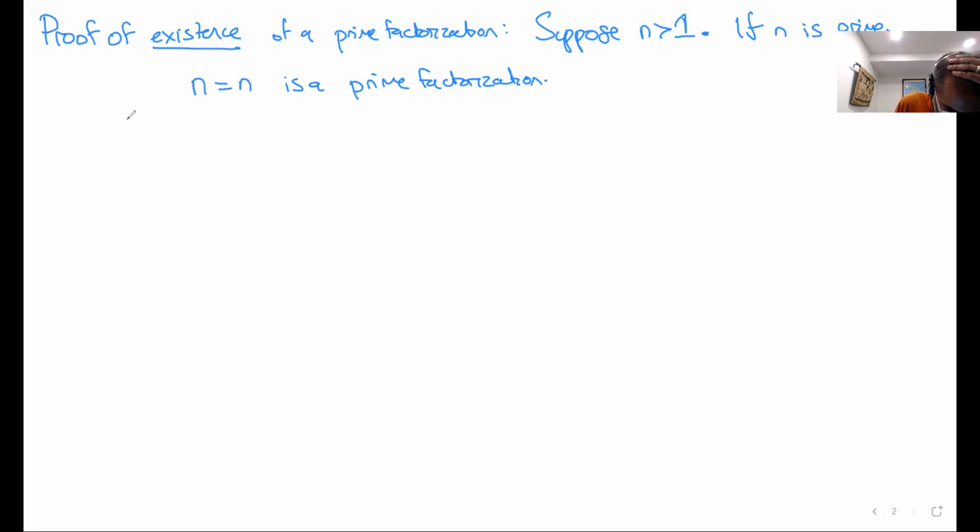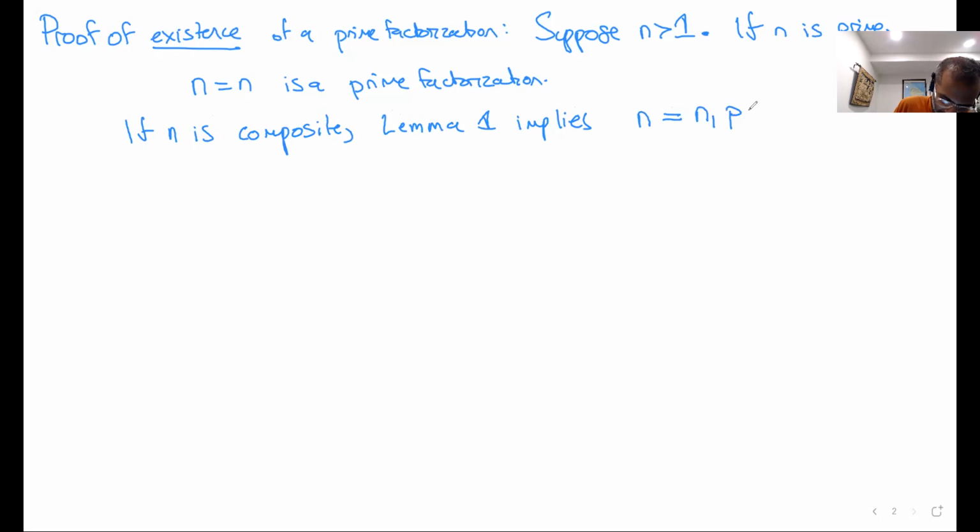So if n is composite, lemma 1 implies n equals p1 n1 for some prime p1 that's strictly less than n, and of course this n1 has to also be strictly less than n.